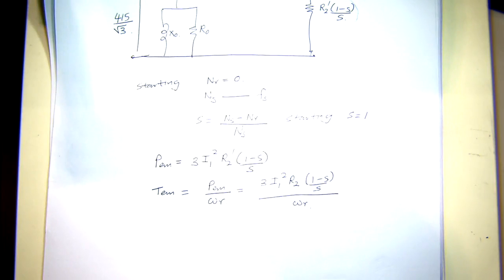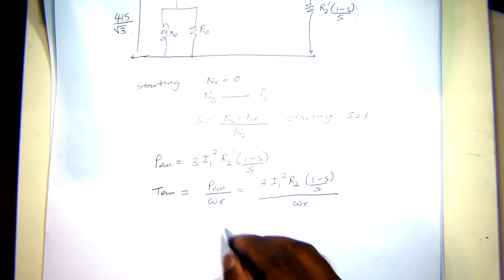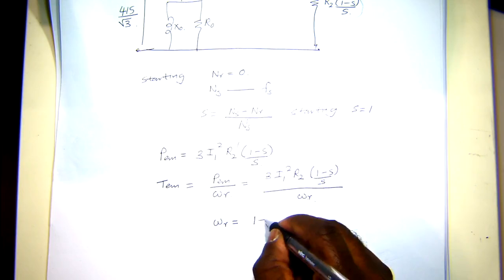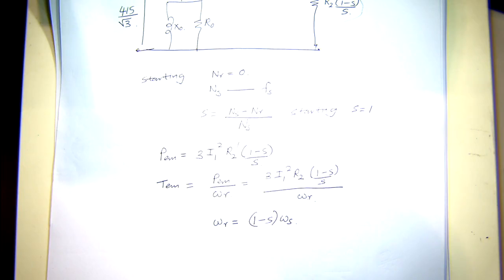So we can actually substitute this in terms of the excitation frequency. Let's say the omega r, we can write it as (1 minus S) times the synchronous speed. If it's S equals 1, this turns out to be 0 anyway.